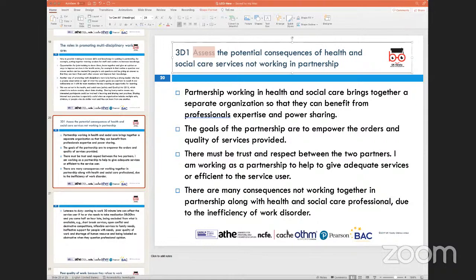Now, that is where we see partnership working breaking down within the health and social care sector.